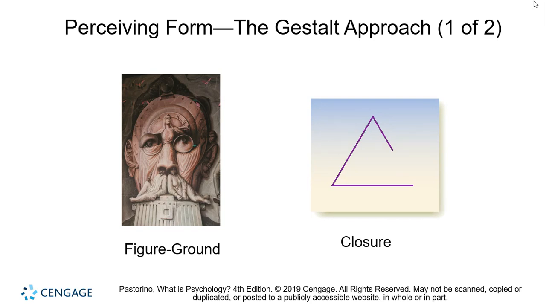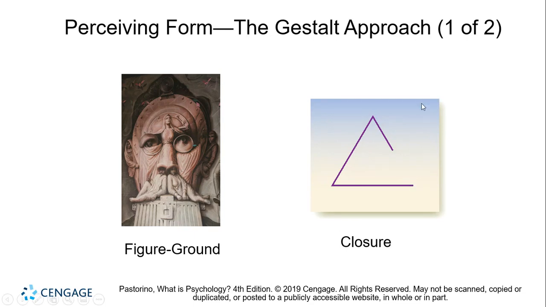And depending on what you decide is the image, you might see here maybe a man with a mustache, but if you decide that all of this is the background, then you might just see a woman with a veil on top of it. It just depends on what you decide is the foreground and the background.